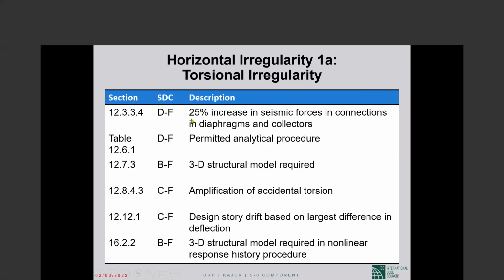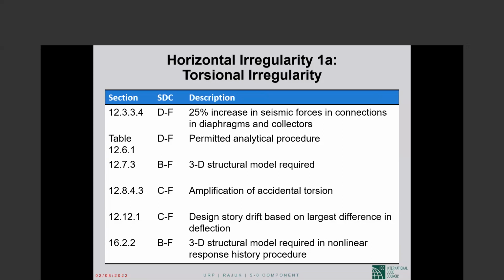Now here comes the long paragraph in BNBC. Before, when we were discussing collectors having to be designed for load combinations using overstrength factor, there was a paragraph that I said will come up later, and this is now that later.